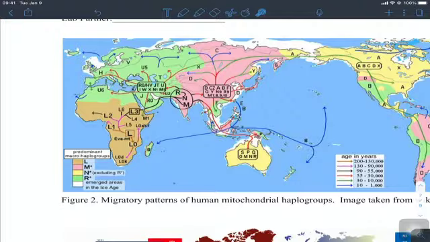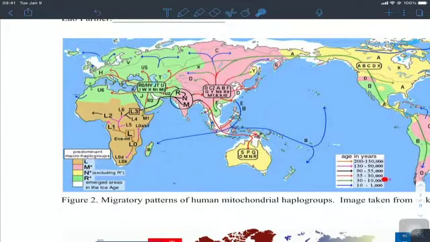Now you'll notice that M and N split here, but that the R type was a subtype of N, so we see that arrow happening here, somewhere between the last 90 and 55,000 years. And then after that, we see these migrations where, hopefully you notice, the split between the Europeans and a lot of our Asian populations occur.